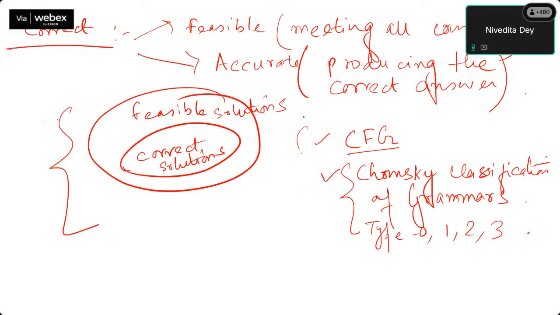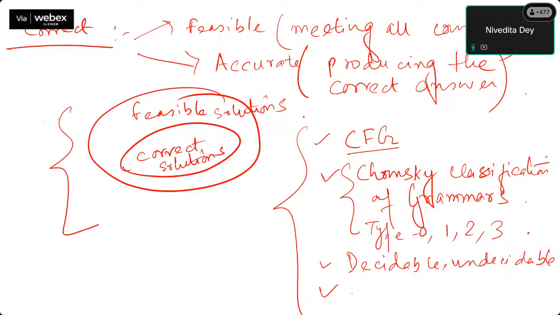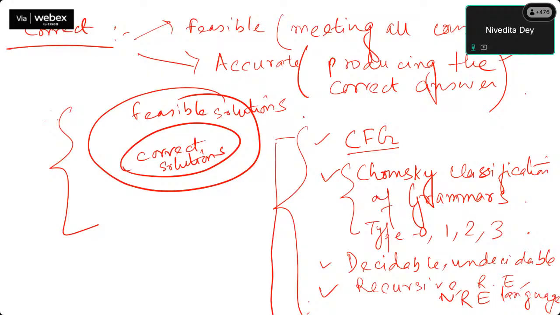Then what we can cover next is decidable, undecidable. And once we have the understanding of Chomsky, we can also go to recursive. Then it's RE, recursively enumerable, and NRE, non-recursively enumerable language. After having all these details, we can enter into the quantum complexity classes.